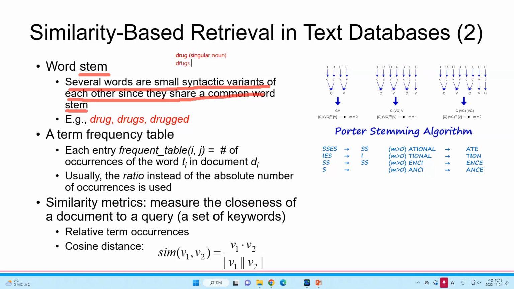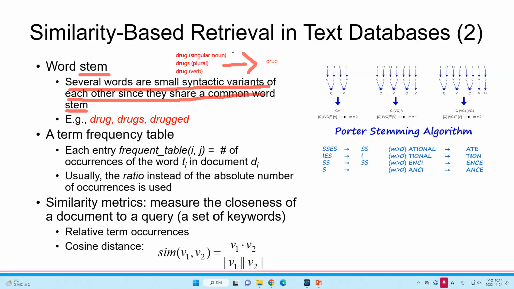But drug can be plural. Or drug can be a verb. So when we stem the word, there will be some small syntactic variants. They have the common word stem. Like drug and drugs, they have different meanings, but they will have the same stem. So the result of the stemming will be drug.